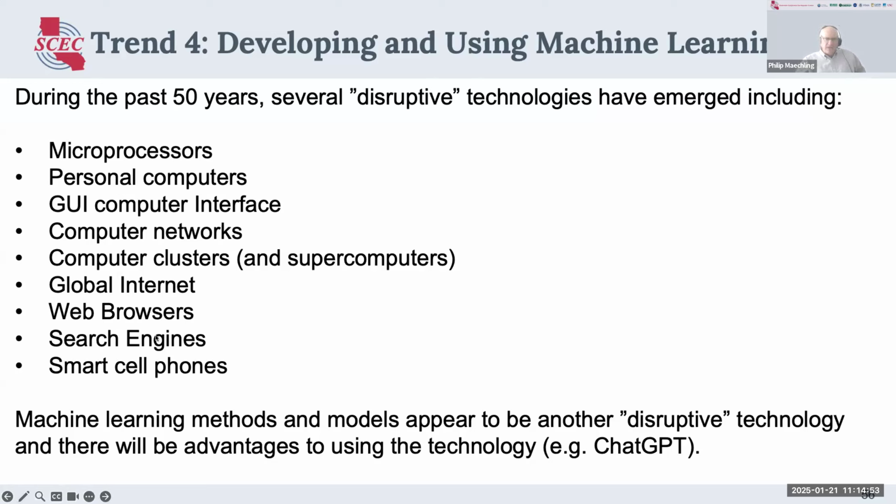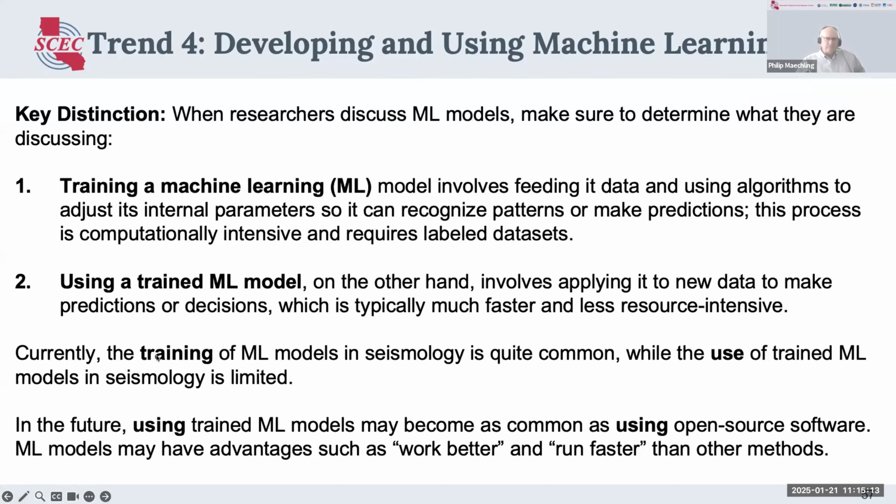All of these had a major impact on how computing is done. In my view, machine learning methods and models appear to be the next disruptive technology. And as with these others, there will be advantages to being able to use these new machine learning methods, these new disruptive technologies.